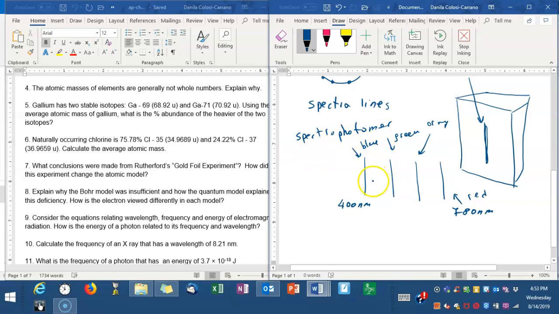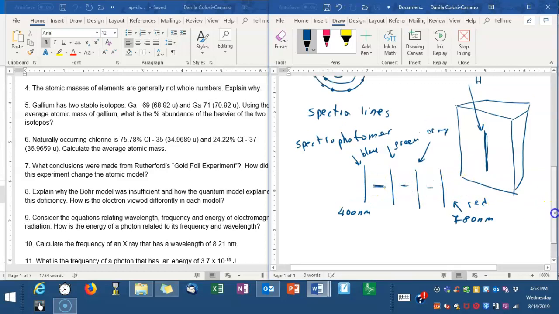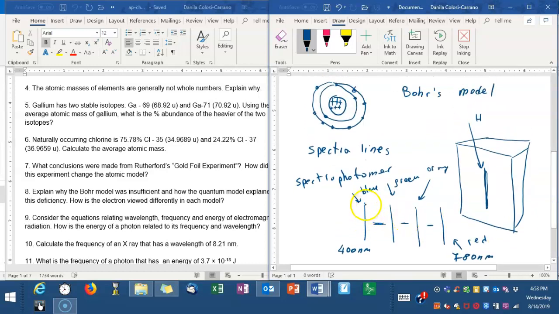Because there's nothing in between, the electrons that provide these photons have to be positioned in an energy level that corresponds to the wavelength of 400 nanometers.